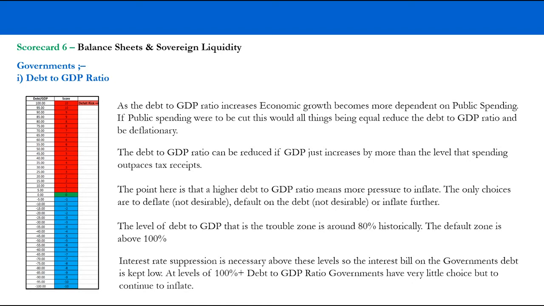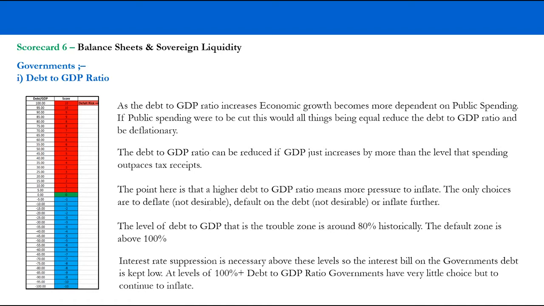And historically, when we look at capitalist economies that have gone through 100% debt to GDP ratio, right through this scale, the default zone is above 100%. So throughout history, when governments have gone through 100%, there's been a very high correlation to default on the outstanding debt.